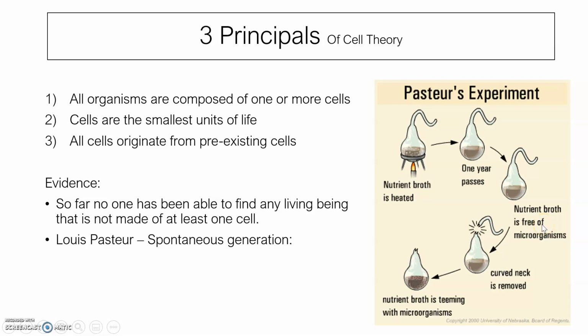There's nothing living. Then he breaks the curved neck, and then he sees that the nutrient is teeming with microorganisms. So this basically proves that there's nothing like spontaneous generation, and that all cells originate from pre-existing cells, in this case when they're exposed to more cells.